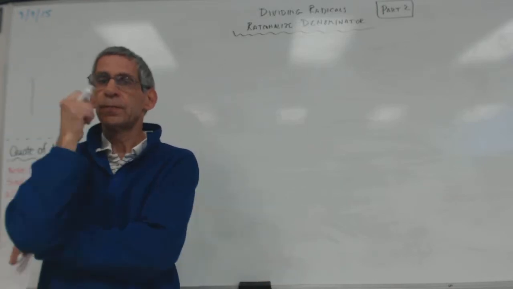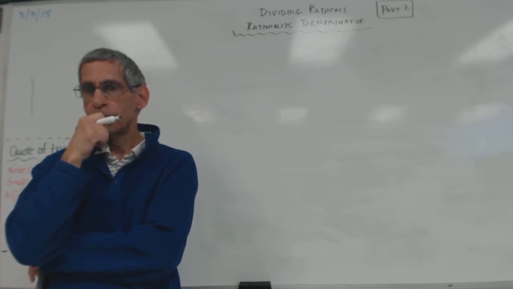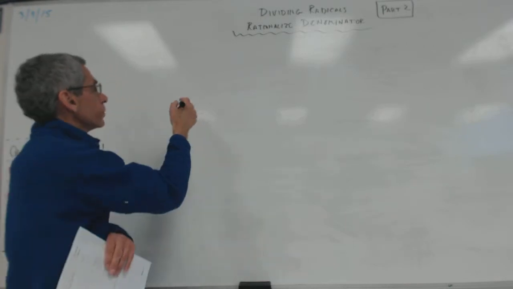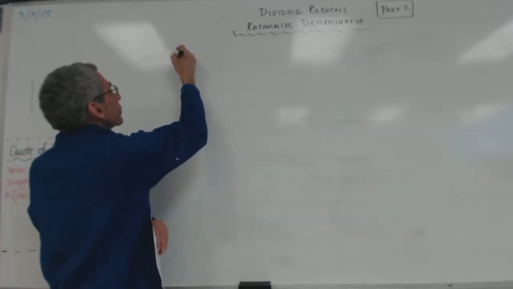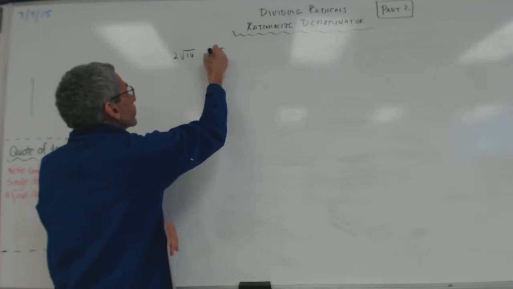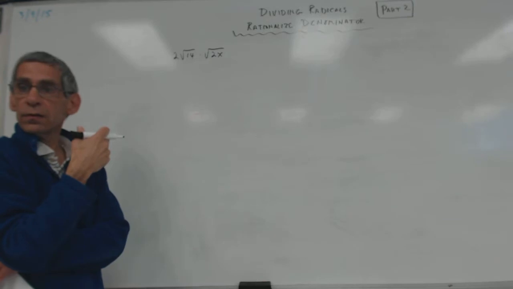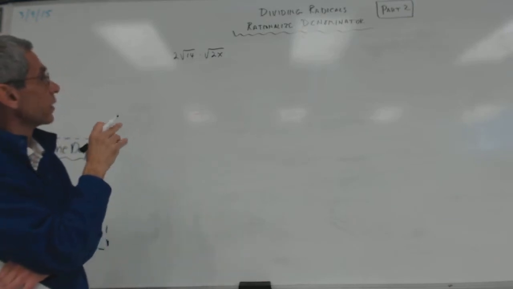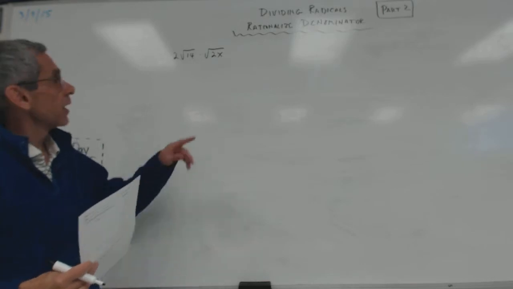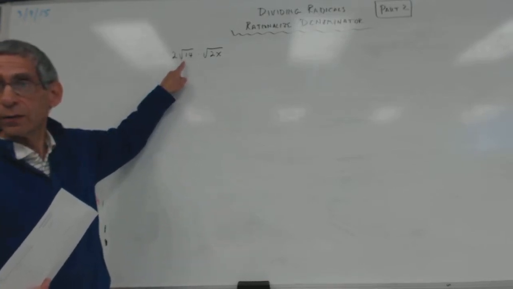What can be confusing is when you had 2 square root of 14 times the square root of 2x. So this is multiplying, not dividing. But when I look at that, immediately I see 14 as 2 times 7.